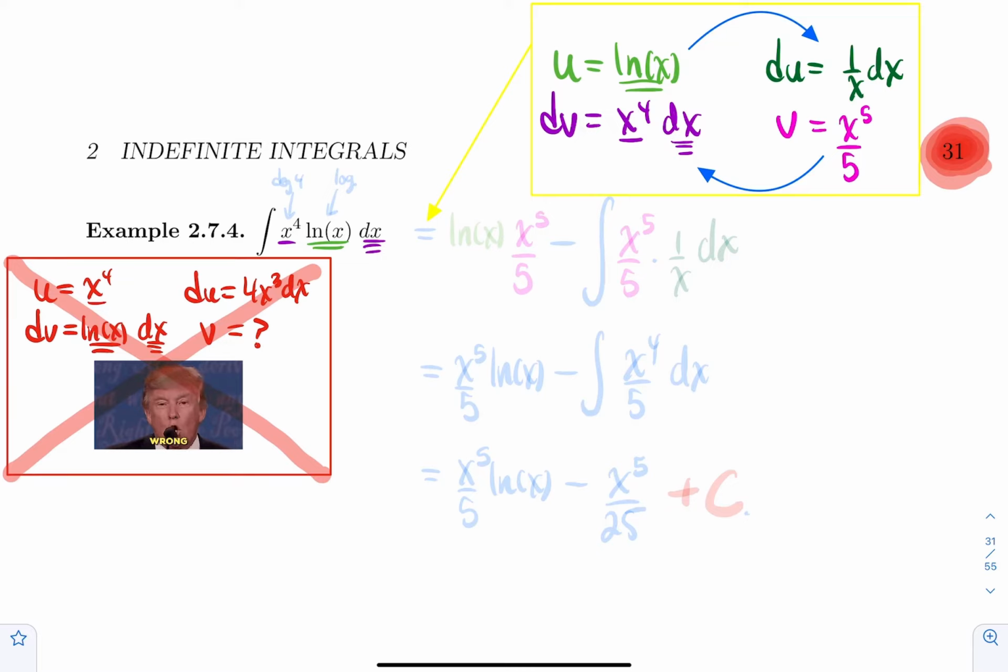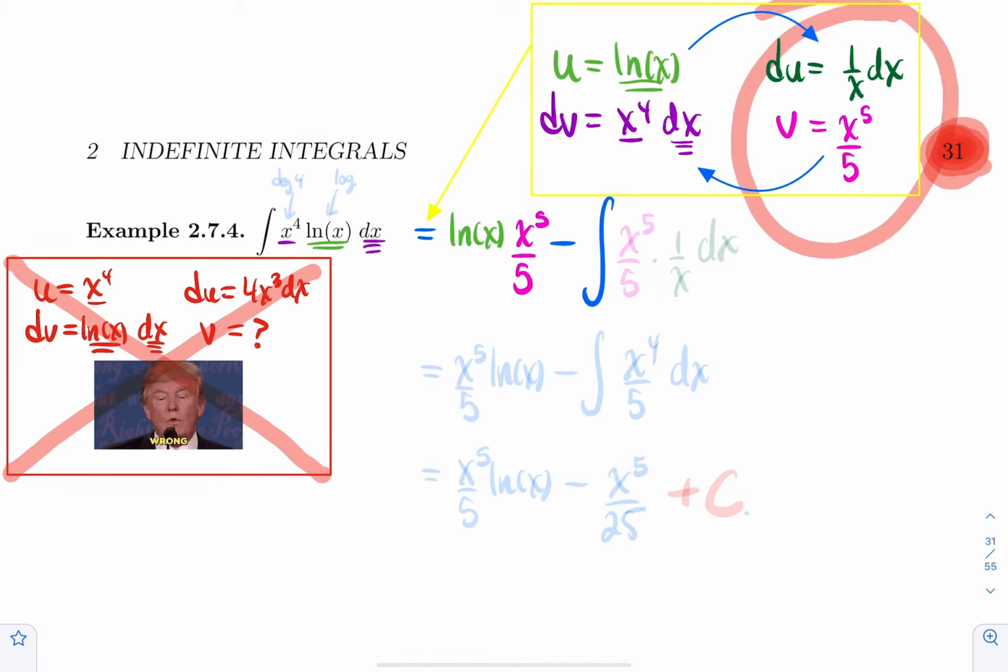So now if we apply this, this integral will become uv. So ln of x times x⁵ over 5 minus the integral of everything freshly computed. So x⁵ over 5 times 1 over x dx. So here you just have to be careful.